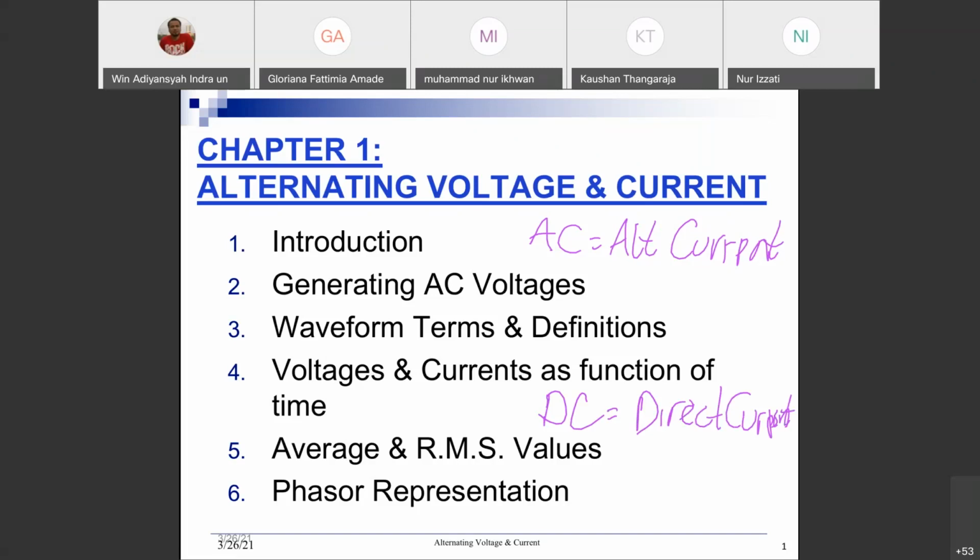Has anyone ever heard of Tesla? Scientist. He discovered AC, alternating current.